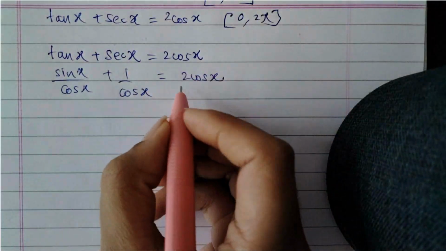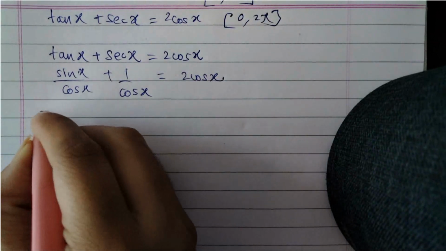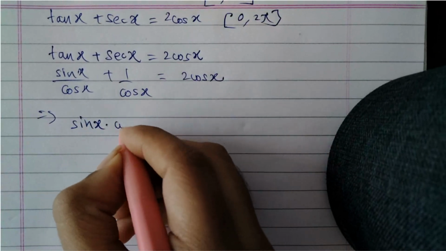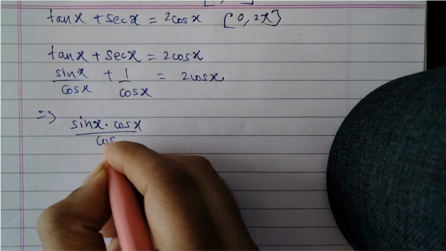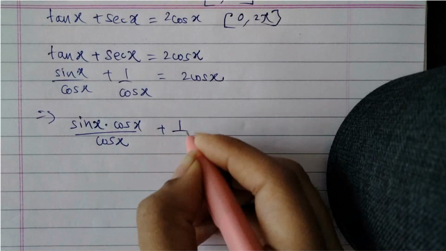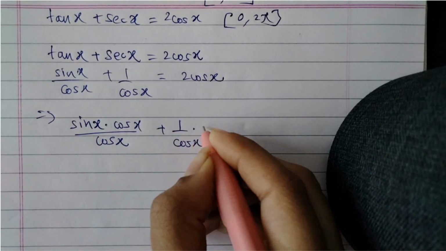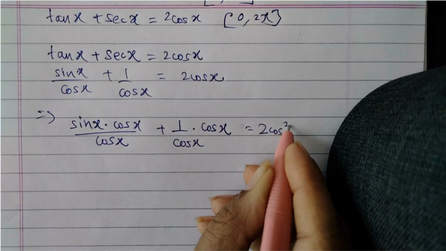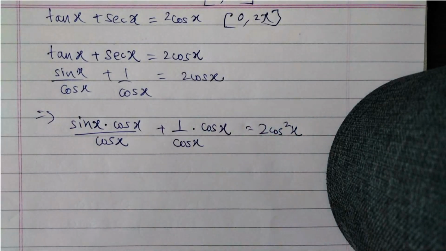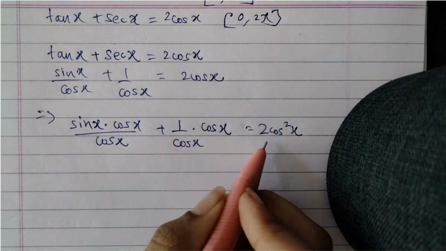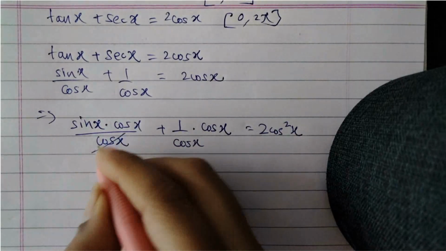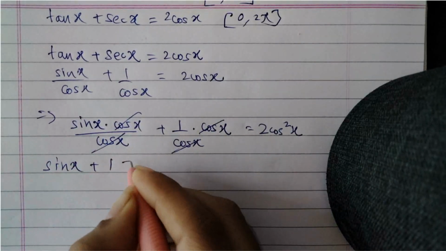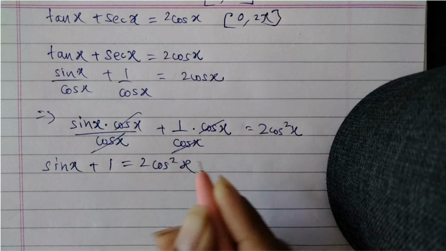If we multiply this equation by cos x, then we get sin x into cos x by cos x plus 1 by cos x into cos x is equal to 2 cos square x, right? When we multiply everything on the LHS and RHS by cos x, this will get cancelled and we will get sin x plus 1 is equal to 2 cos square x.